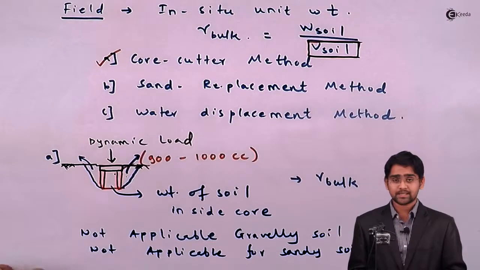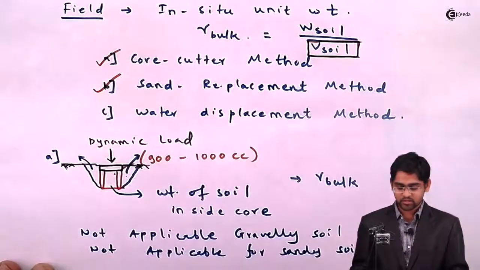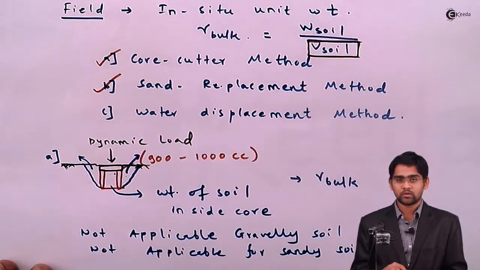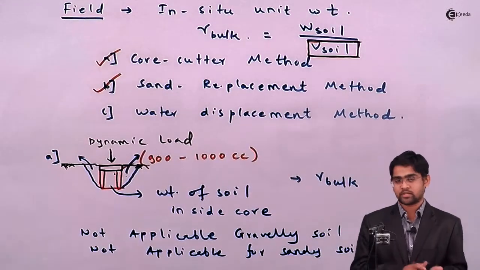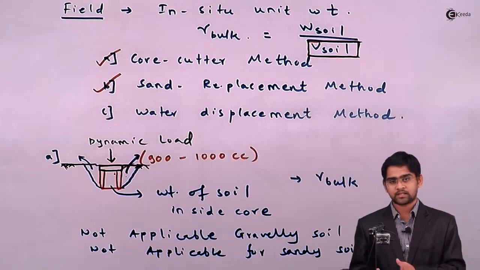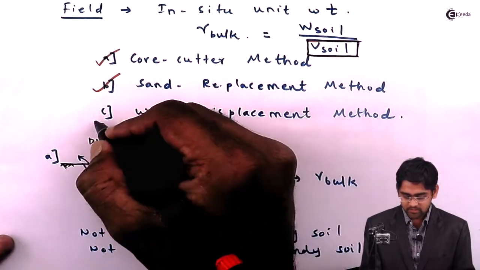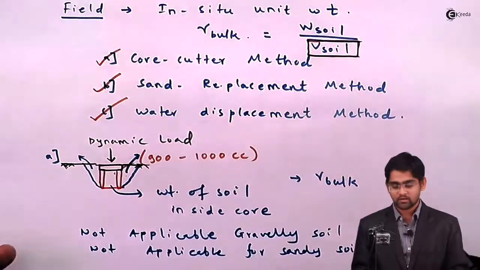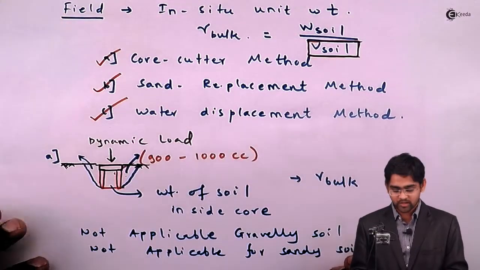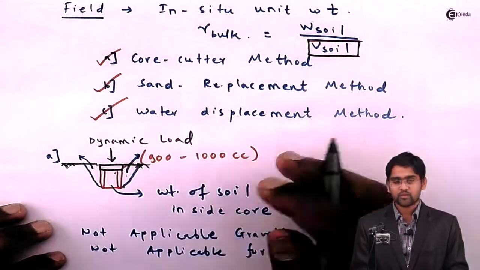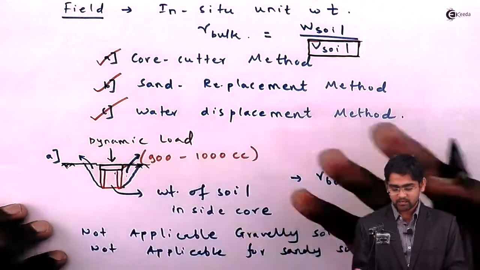So in such cases, the sand replacement method is used, where the volume of the hole, or of the soil excavated, is measured by sand replacement. And in the water displacement method, which is applicable for a particular clay type of soil, the volume of soil is measured by water displacement.